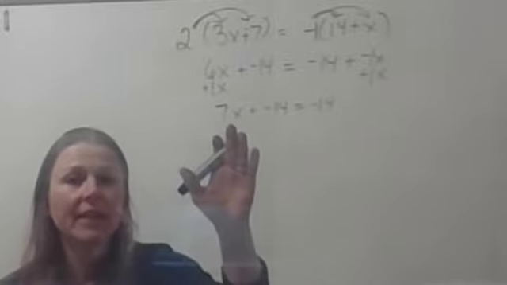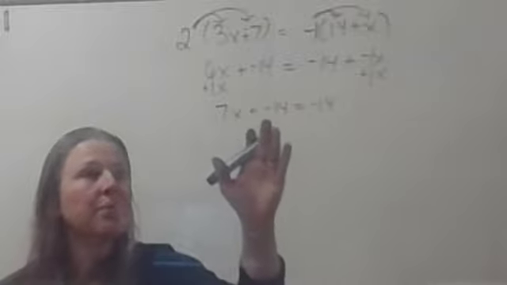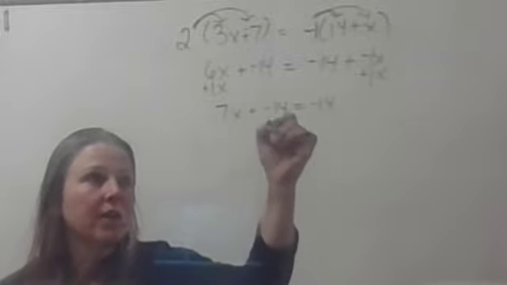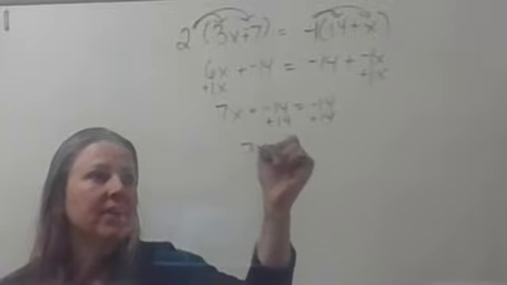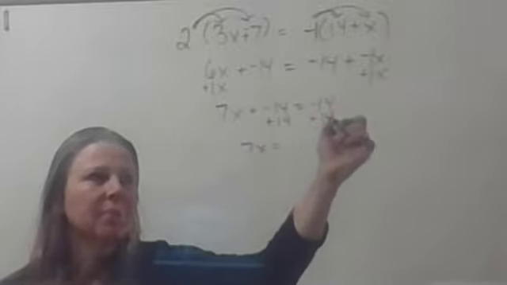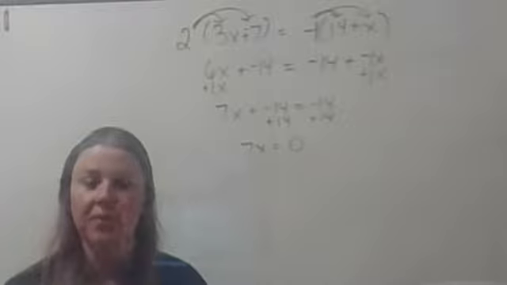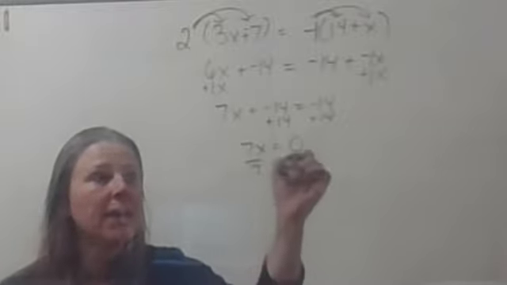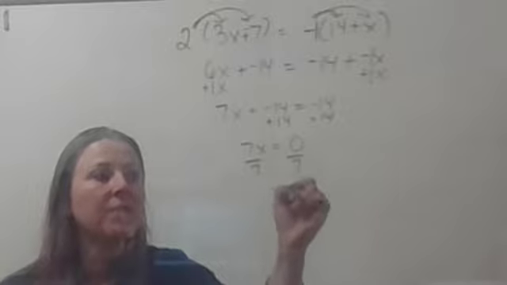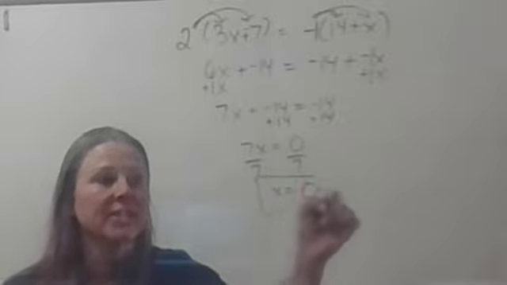So now that the x's are together on the left, the numbers need to be together on the right. So add 14. So 7x equals negative 14 plus 14 is 0. This is doable. This is an answer because when you divide by 7, 0 divided by anything is just 0.